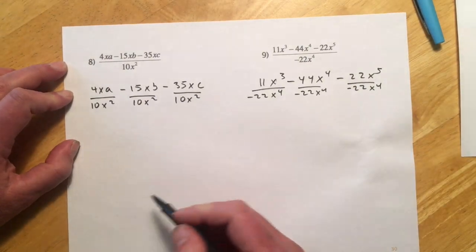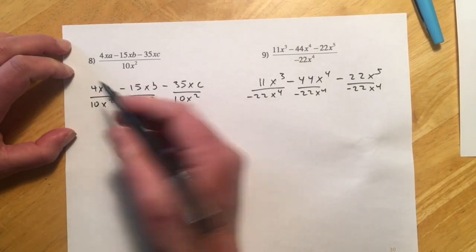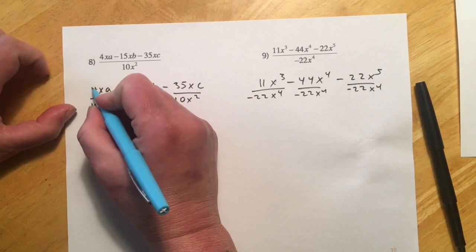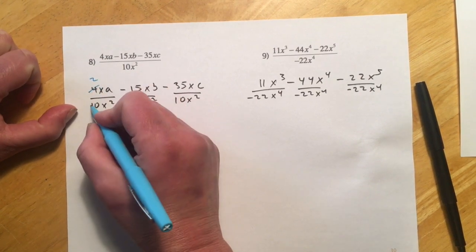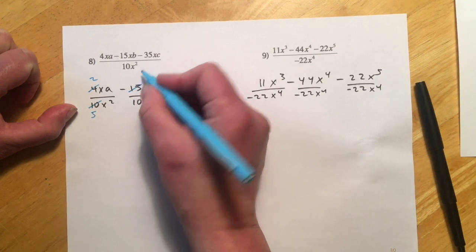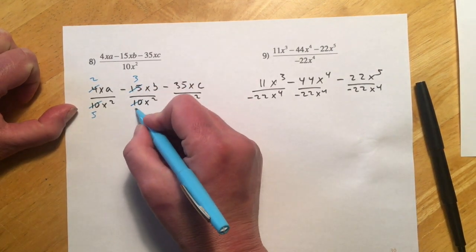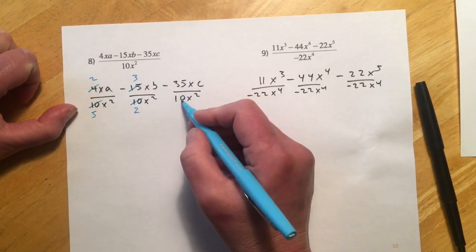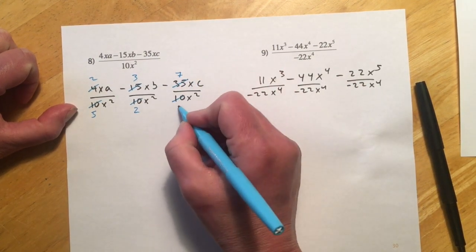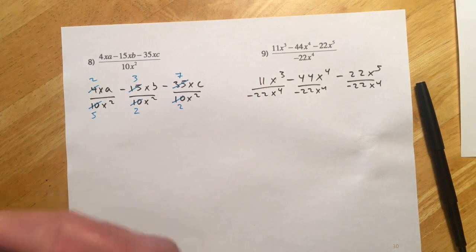Okay, so I went ahead and wrote those out. So for here, do a little reducing. So 2 goes into 4 twice, 2 goes into 10 5 times. The 15, 5 goes in 3, and 5 goes in 2. 35 and 10, 5 is the best we can do, so 5 goes in 7, and 5 goes in 2.